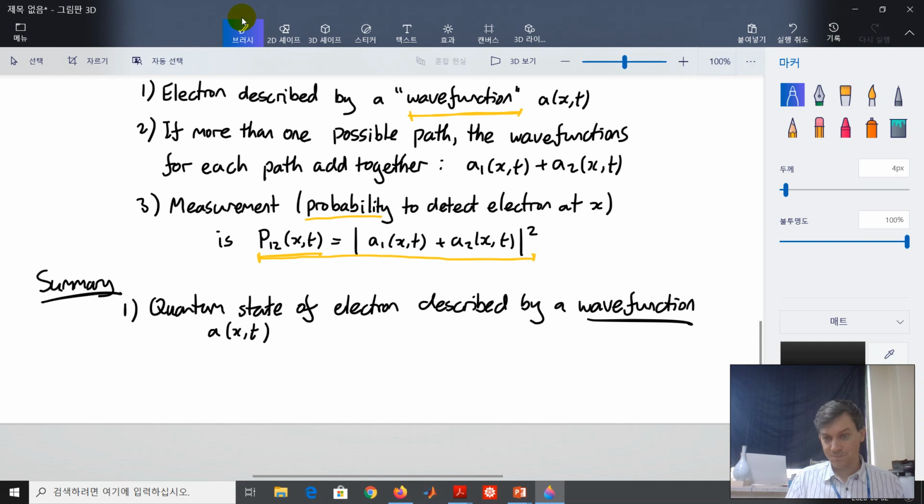Quite commonly the symbol psi is used for wave functions, so if you read quantum mechanics texts you may well see the symbol psi here, but it means exactly the same as what I've called A in this lecture. And secondly, the wave function is related to the probability to find a particle at a particular position.